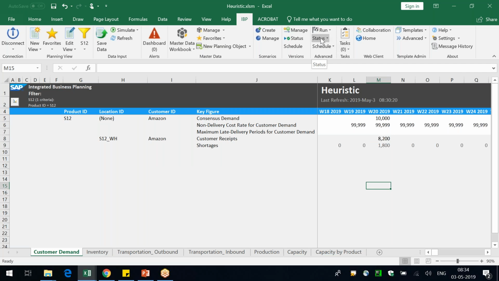Now this time the demands would be met. The shipment would happen for 10,000. The production across the locations will also be 10,000.